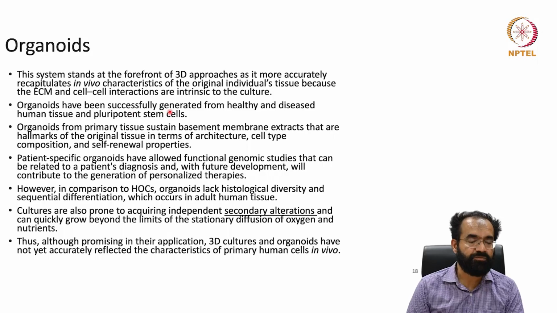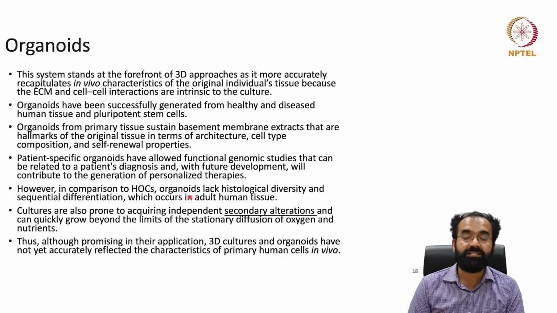Organoids have been successfully generated from healthy and diseased human tissues and pluripotent stem cells. Organoids from the primary tissue sustain basement membrane extract that are hallmarks of the original tissue in terms of its architecture, cell type composition, cell renewal properties, etc. Patient-specific organoids have allowed functional genomic studies which can be used for future diagnosis.